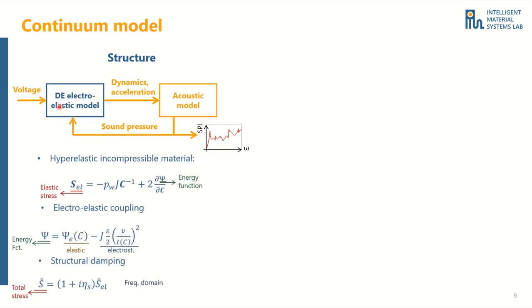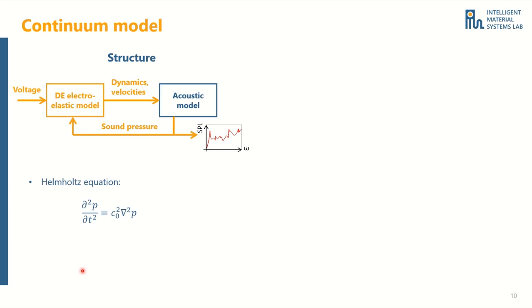The membrane is described as a hyperelastic incompressible material. Its constitutive model includes the contribution of an electroelastic coupling plus a material damping effect. Here we used, for example, structural damping. The acoustic model is simply given by the Helmholtz wave equation in space.